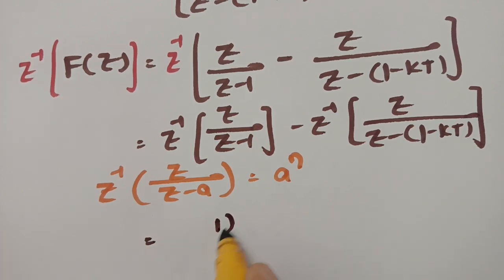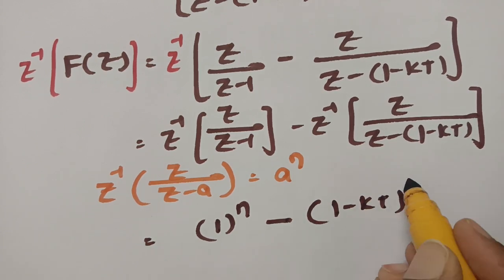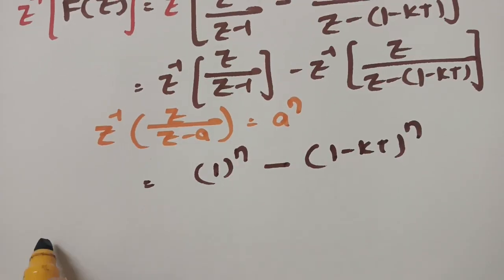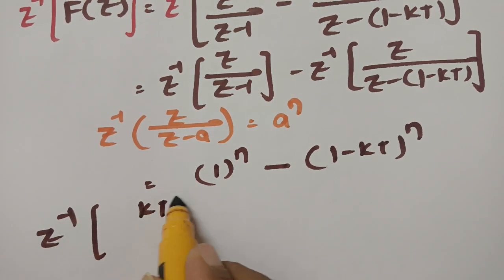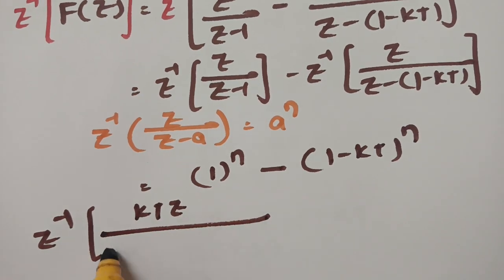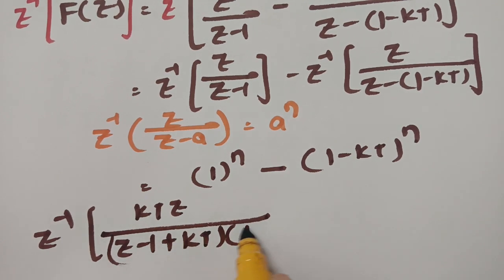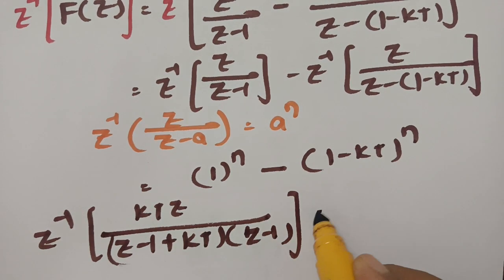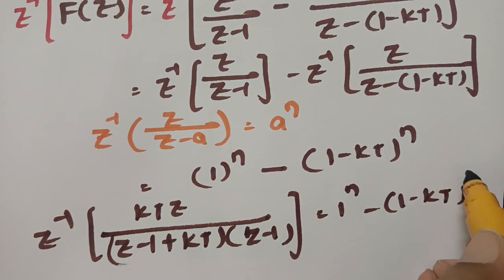So this value can be written as 1 power n, and this value as (1 minus kt) power n. Therefore the inverse Z transform of the function kt z by (z minus 1 plus kt) into (z minus 1) is equal to 1 power n minus (1 minus kt) power n.